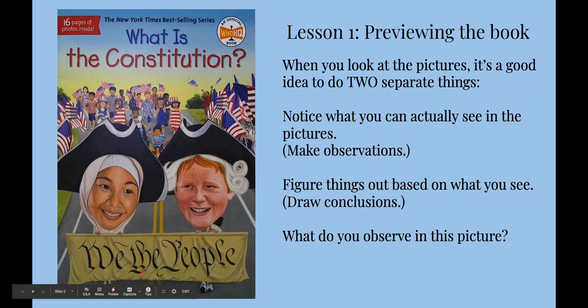It looks like it says We the People in some sort of weird handwriting. We can see a bunch of American flags, and a bunch of what look like kids wearing red, white, and blue clothing. This person's got blue and some red and white stripes and a red, white, and blue hat. And over here you can see some yellow stripes and some white stripes.